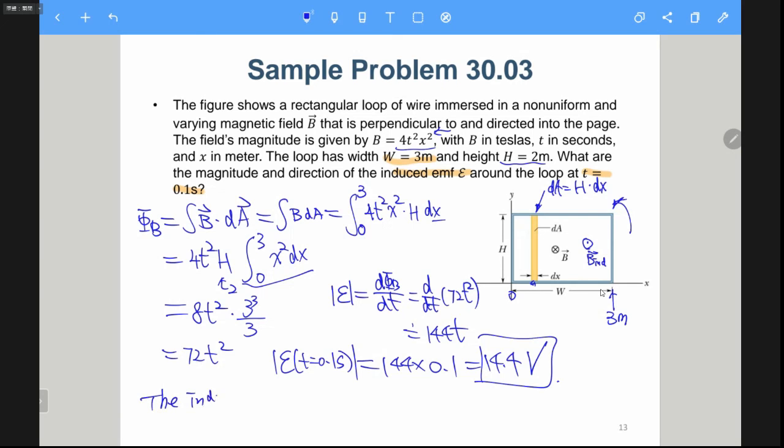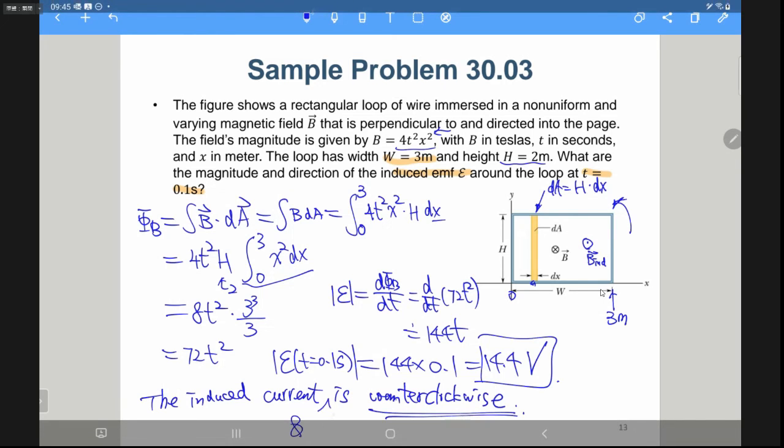The induced current is counterclockwise.